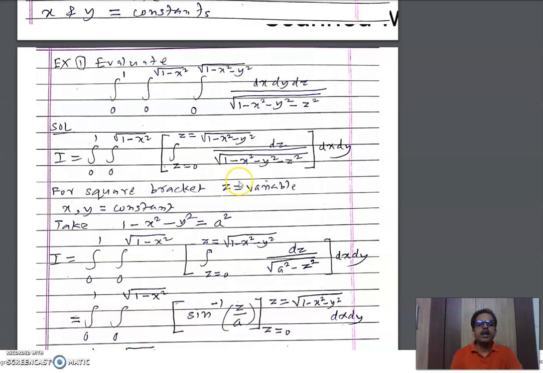Now for the square bracket, z is a variable and x and y are constant. So here 1 minus x square minus y square becomes a constant, because x and y are constant. So we can take this constant 1 minus x square minus y square as a square.